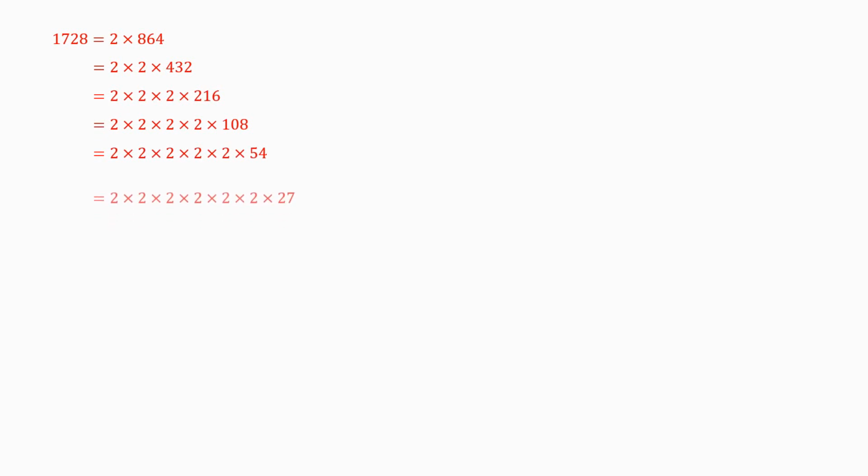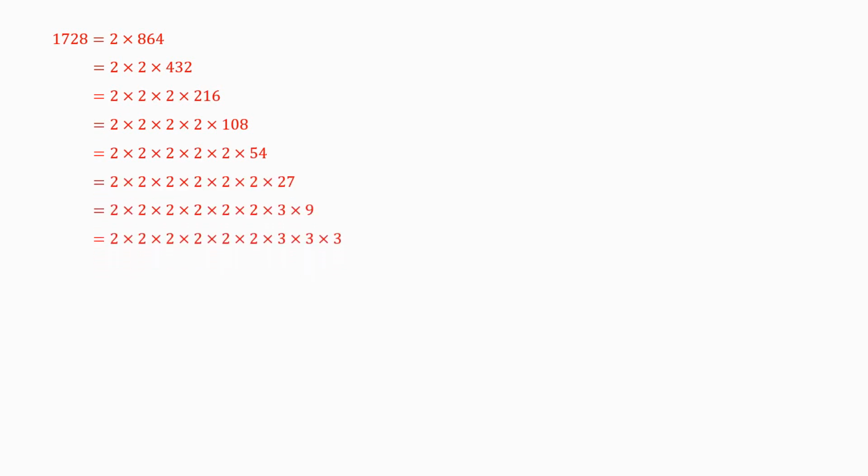So for 1728, it can be written as 2 times 864. 2 can also divide 864. We have 2 by 2 by 432. Then you divide until you have a multiplication of prime factors, and so 1728 can be written simply as 2 to the power of 6 times 3 to the power of 3.